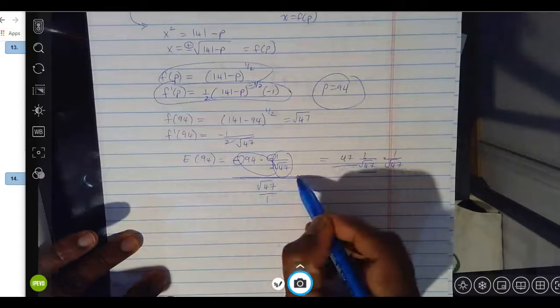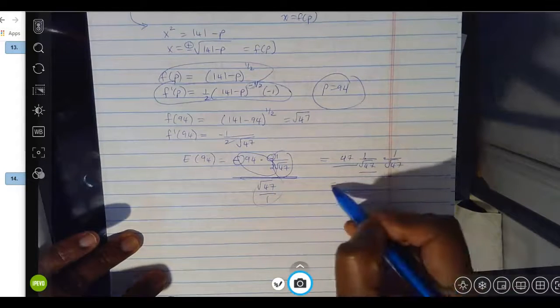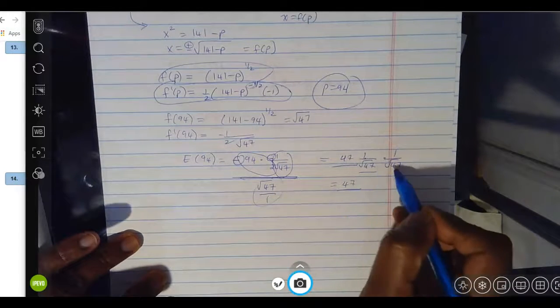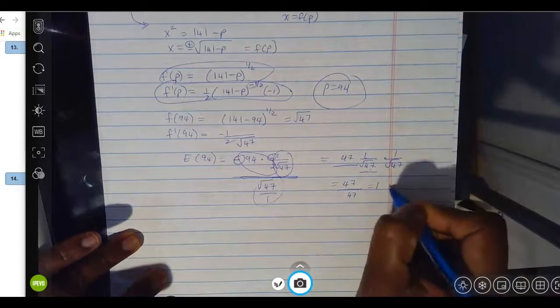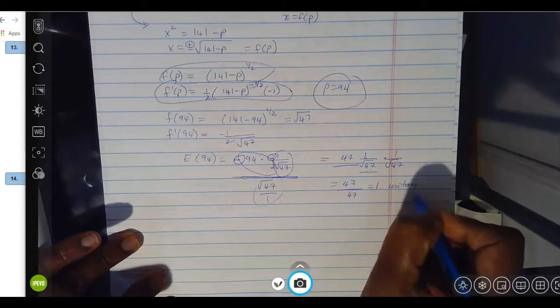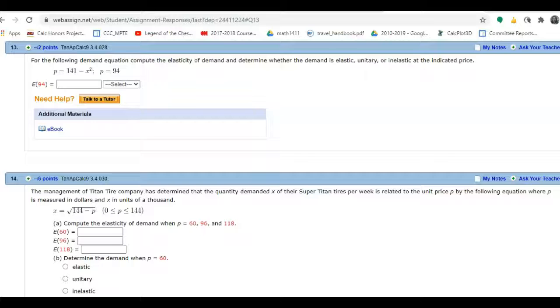Okay, you change this to a multiplication, you flip this fraction. So you have 47 on the top, and when you multiply these two, it's 47, so you get 1. So this is unitary. So switching back to WebAssign, I'm going to put in 1 there and pick unitary.